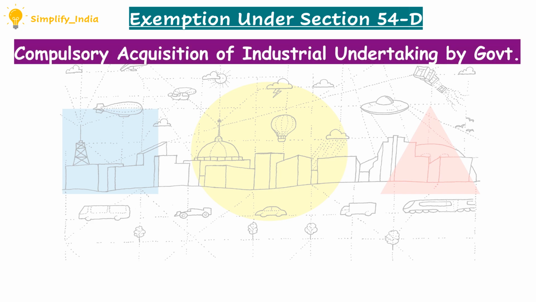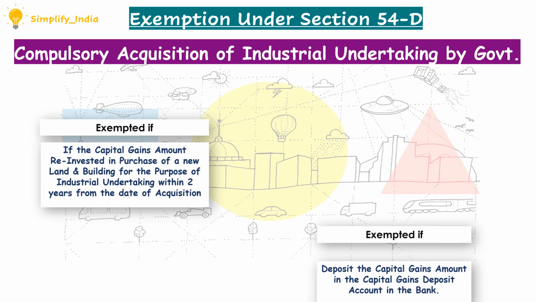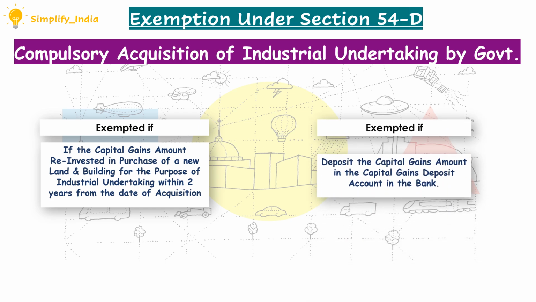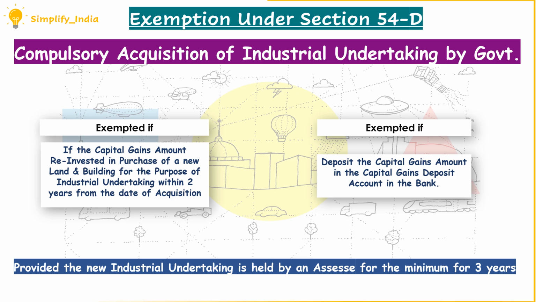When an assessee has an industrial undertaking and holds land and building or machinery which has been compulsorily acquired by the government, which was used for industrial purpose for at least 2 years, then the capital gains arising out of it can be claimed as an exemption if the gain is reinvested in the purchase of new land and building for the purpose of industrial undertaking within 2 years from the date of acquisition, or deposit the capital gain into capital gains deposit account in the bank, provided that the new industrial undertaking is held by an assessee for a minimum of 3 years.